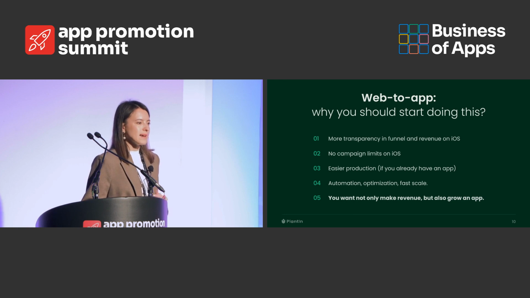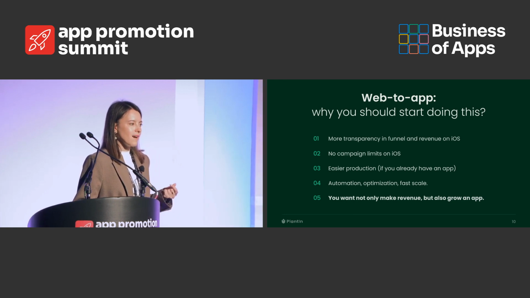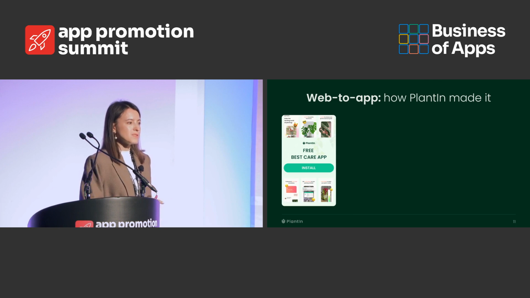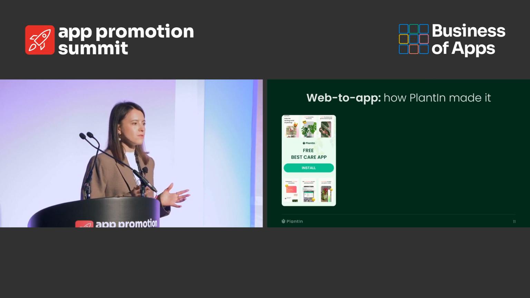So when we decided to go that way, how did we start? It was 2021, and very few companies made this, but we started to think about how it should look.